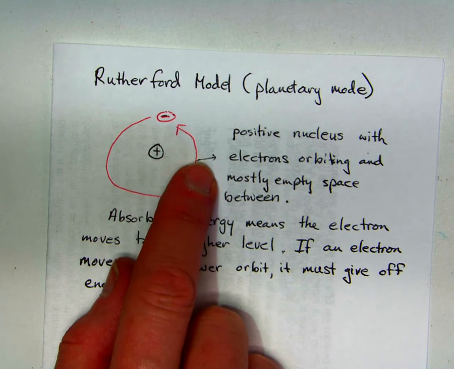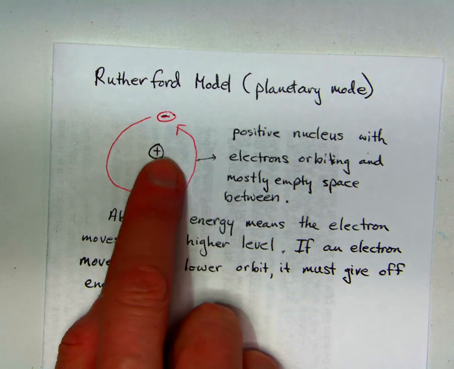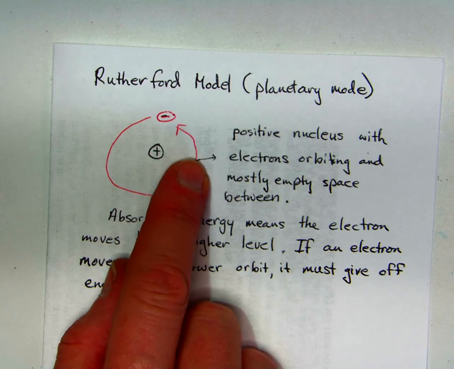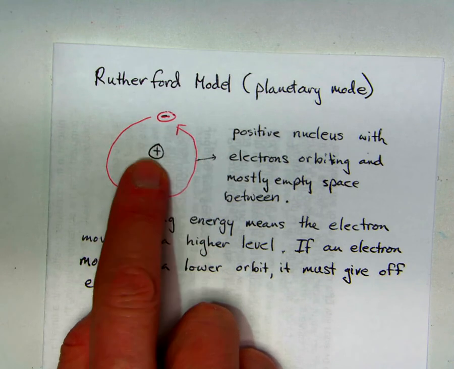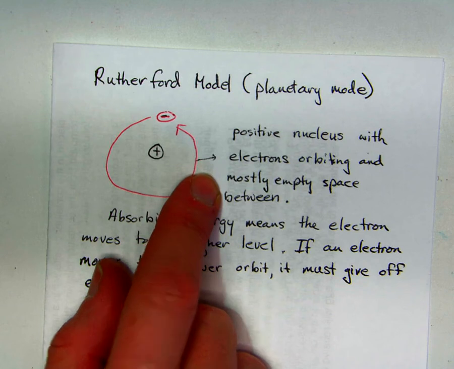If we were to put the right size for a proton here in the nucleus, the distance between that and the orbit of the electron would be about 10 to the 5th times bigger. So we're talking about 100,000 times the size of this. That's the orbit here.